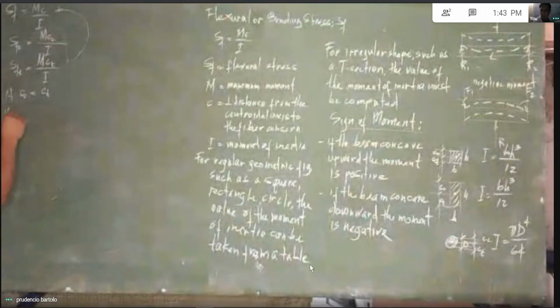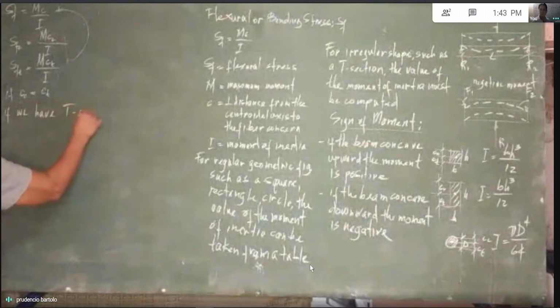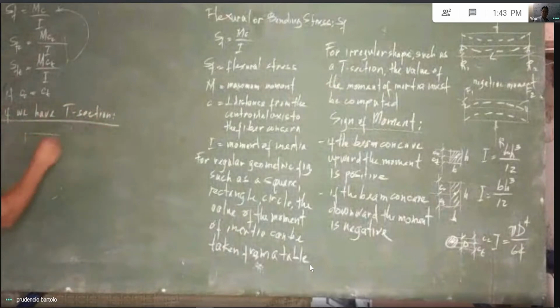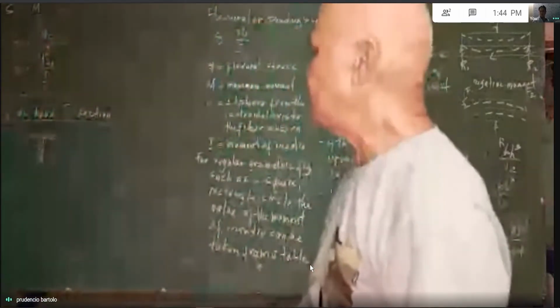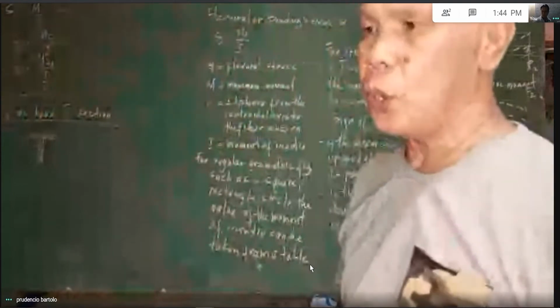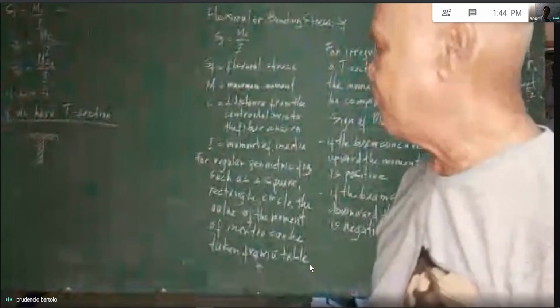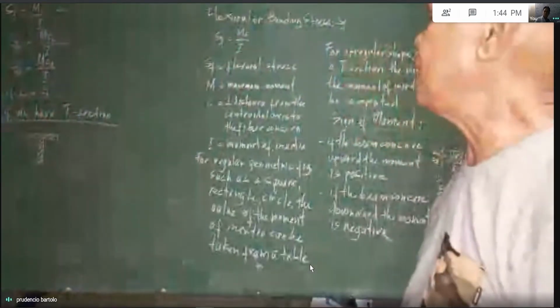So if we have a T section, as we can see from the diagram, we have this one in the form of a T. A T section is considered a composite figure because there are two rectangles involved in the built-up section.